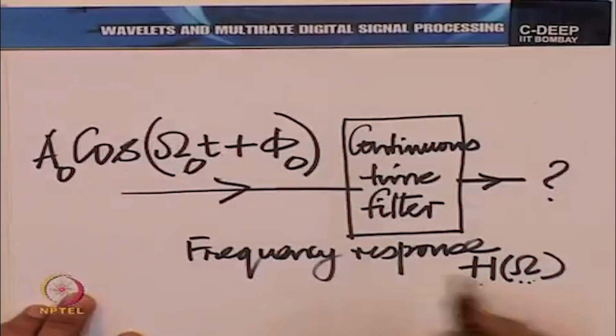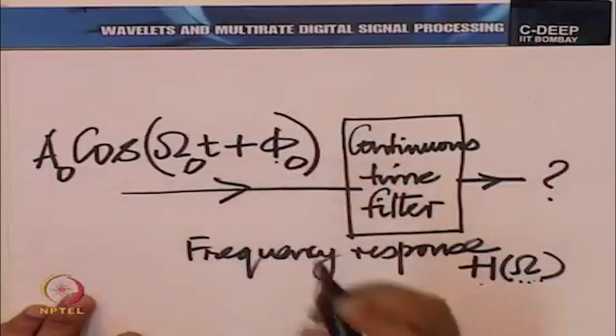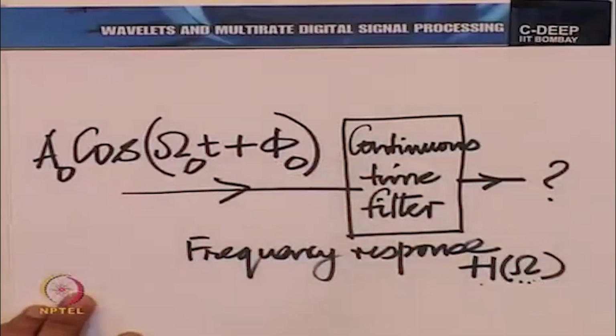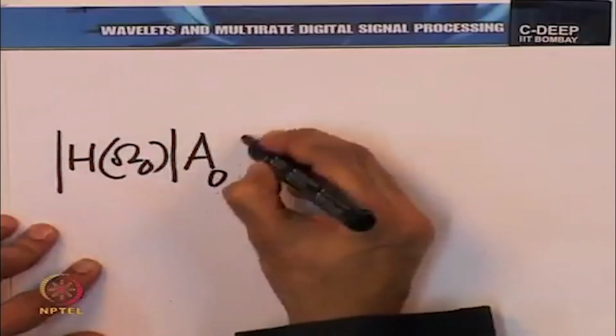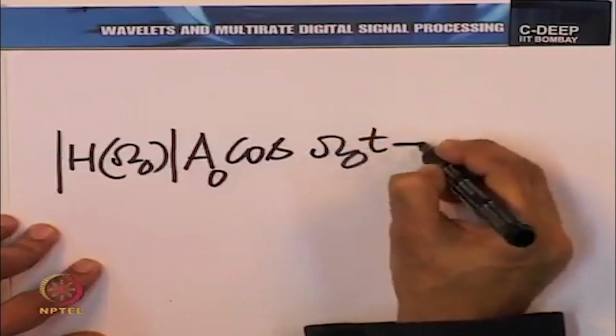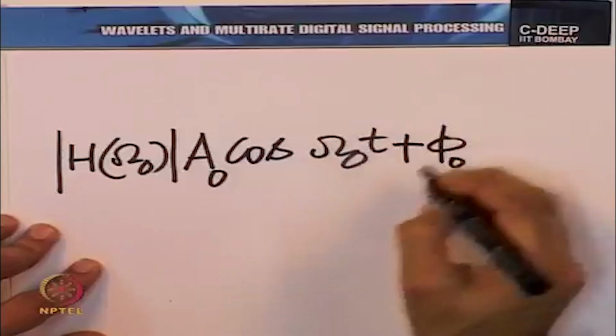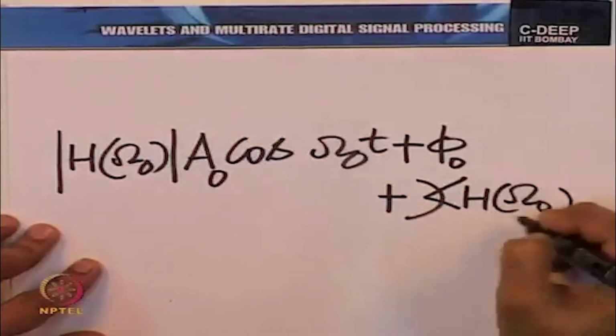The magnitude would multiply the magnitude, the angle would add to the angle. So, in other words, what would come out is |H(Ω₀)| A₀ cos(Ω₀t + φ₀ + angle of H(Ω₀)).